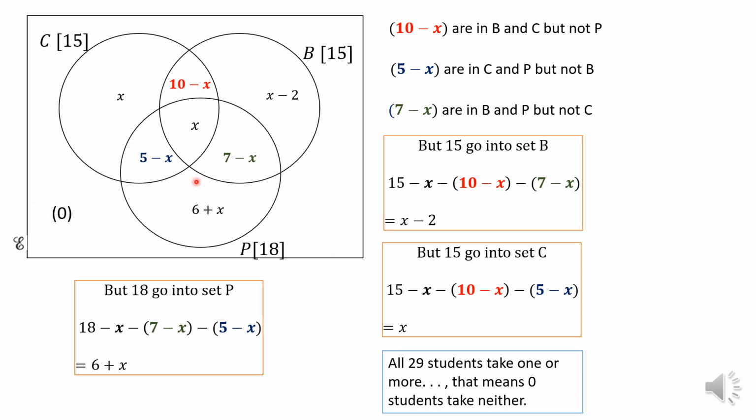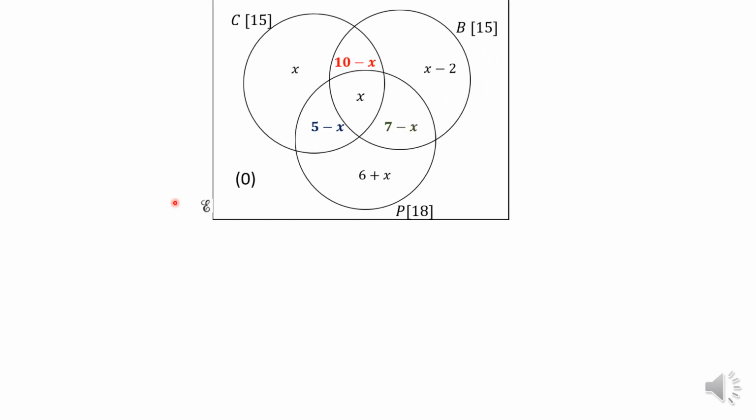So from here onwards, we can take the union of all of these sets and then we can equate that to 29. And in order for us to calculate the value of X, and once we find the value of X, that tells us how many learners or students are doing all three subjects. So I'm going to bring my diagram back again.